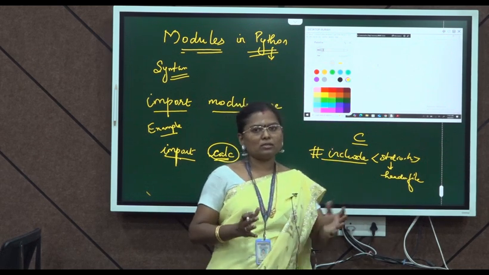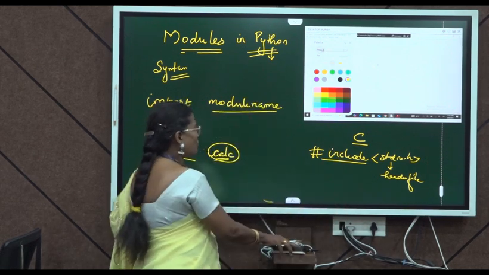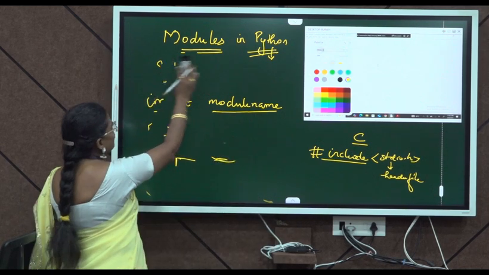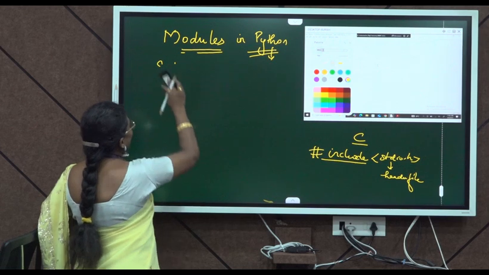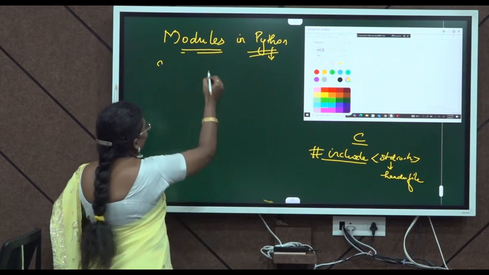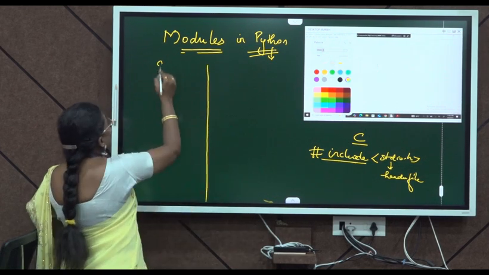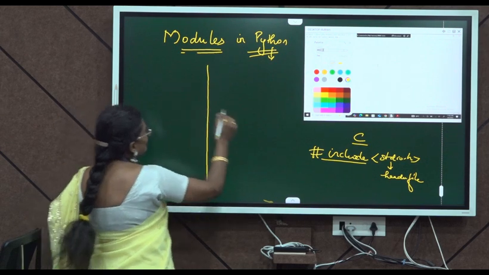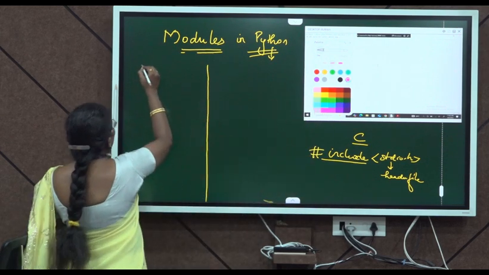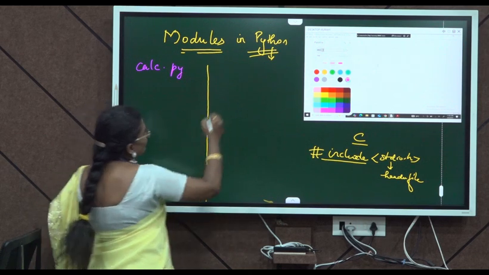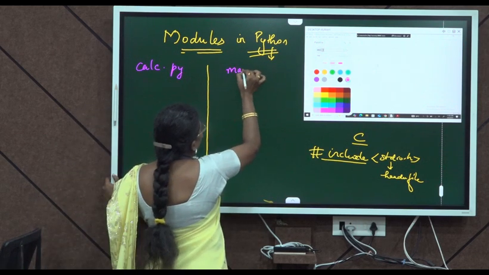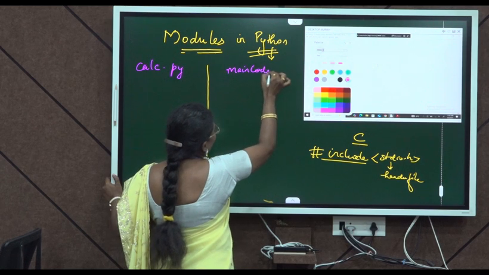Before looking into all those things, let me put a small example so that it will be very easy for you to understand how the user defined module is working. Now I am going to write two different files. I am going to take my first file as calc.py, and this is my main code.py.